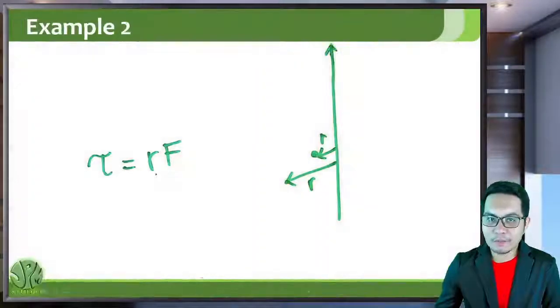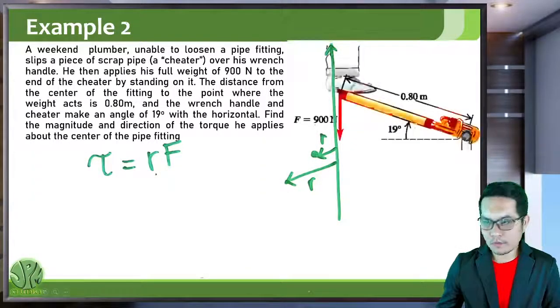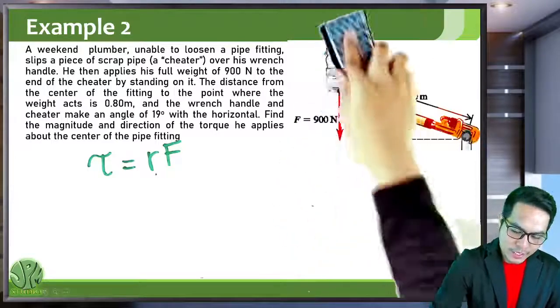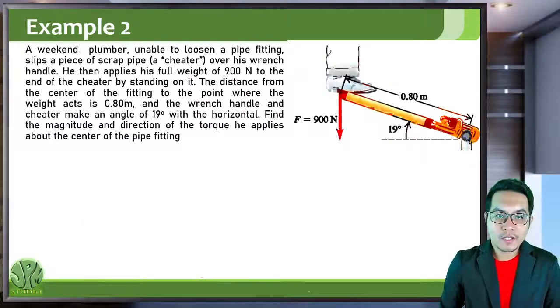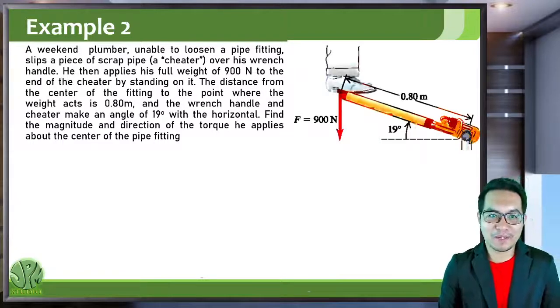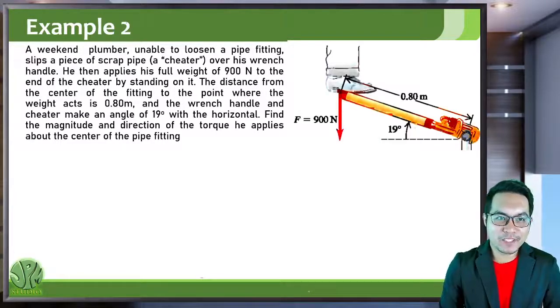So, second example. This is now an example for torque calculation. A weekend plumber, unable to loosen a pipe fitting, slips a piece of scrap pipe called a cheater over his wrench handle. This is usually done by carpenters and plumbers.